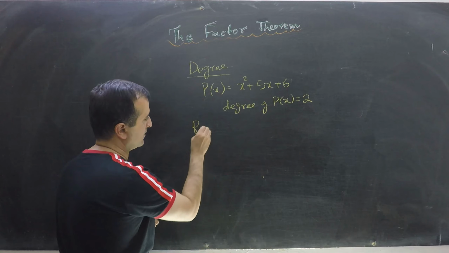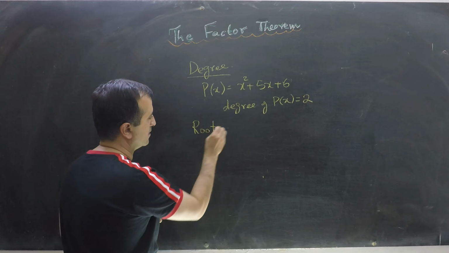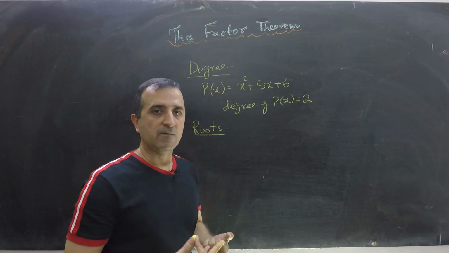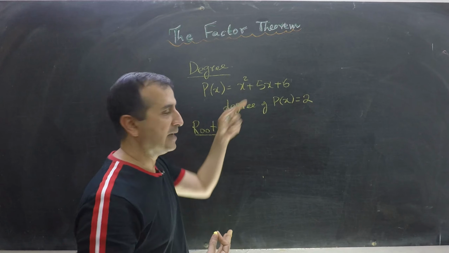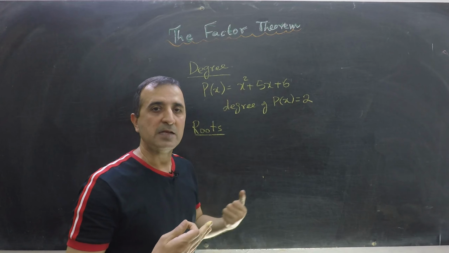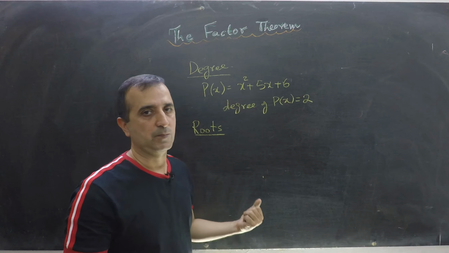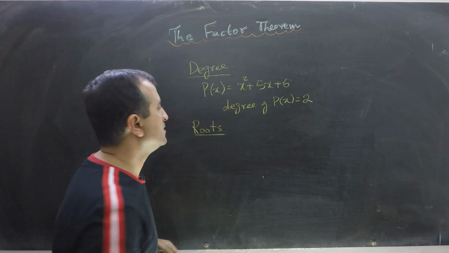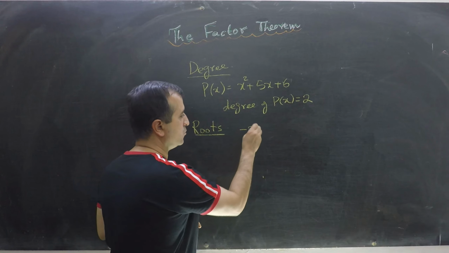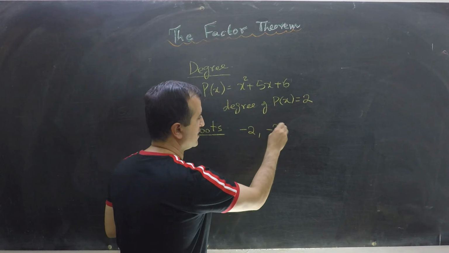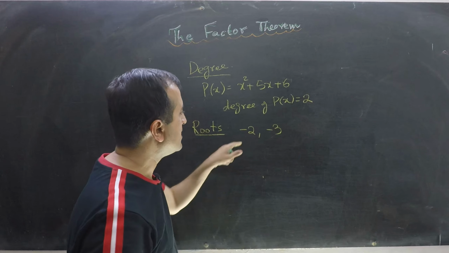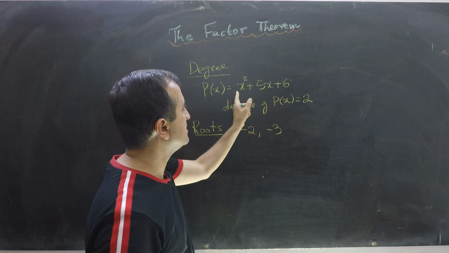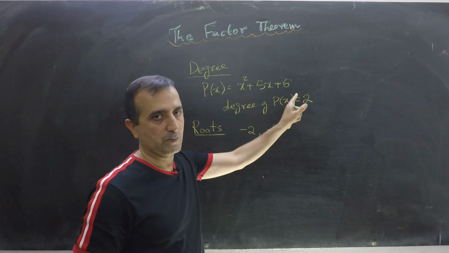Roots. A root of a polynomial is a value of its variable x that makes the polynomial equal to 0. For example, roots of this polynomial are -2 and -3, because when in place of x I put -2, this polynomial will be equal to 0.